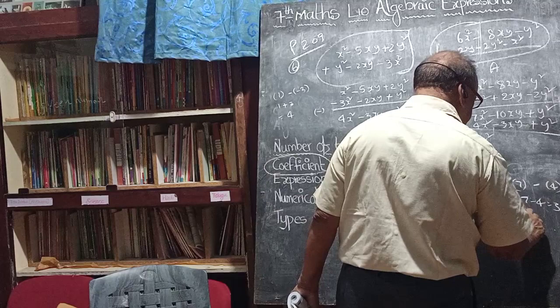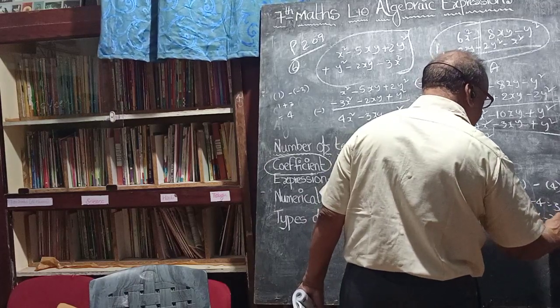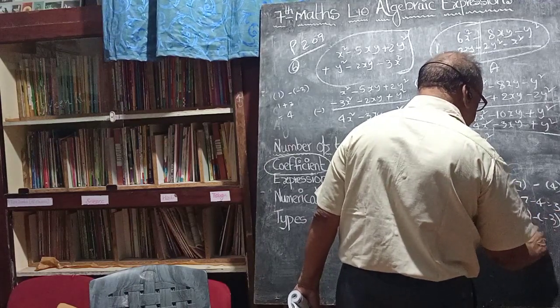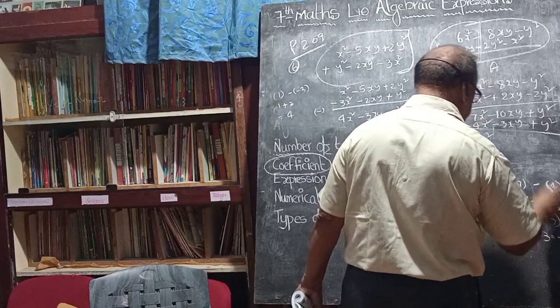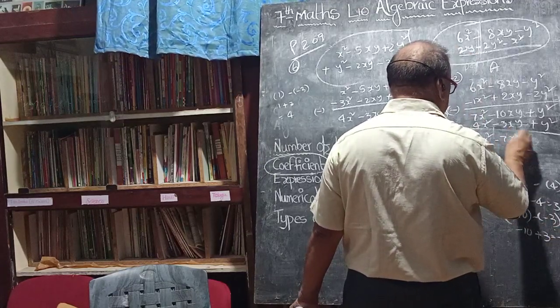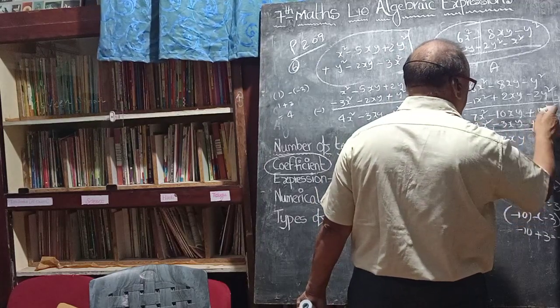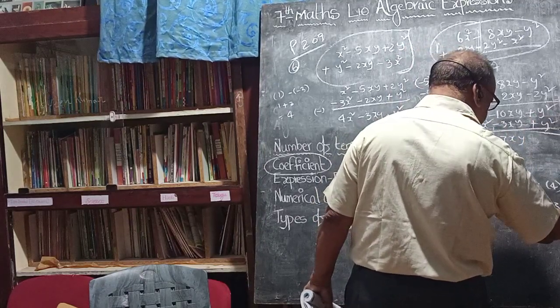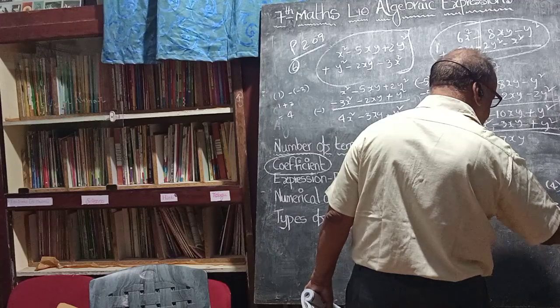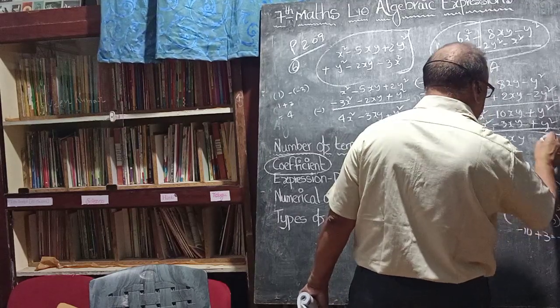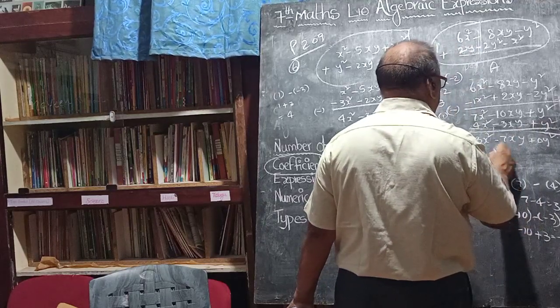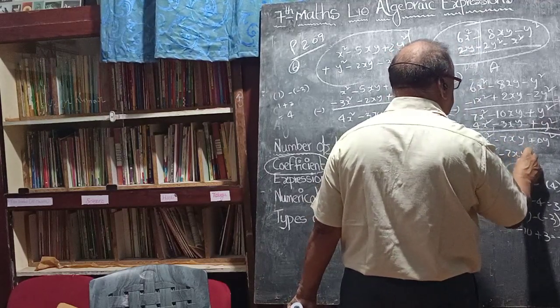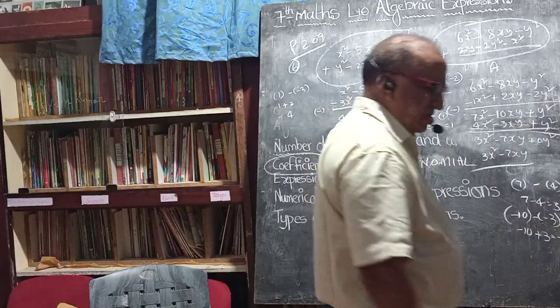Minus 10 minus minus 3 is minus 10 plus 3, so this is minus 7xy. For y square, 1 minus 1 is 0, so there is no y square term. This is 3x square minus 7xy. That is the answer. So that's all you have to do.